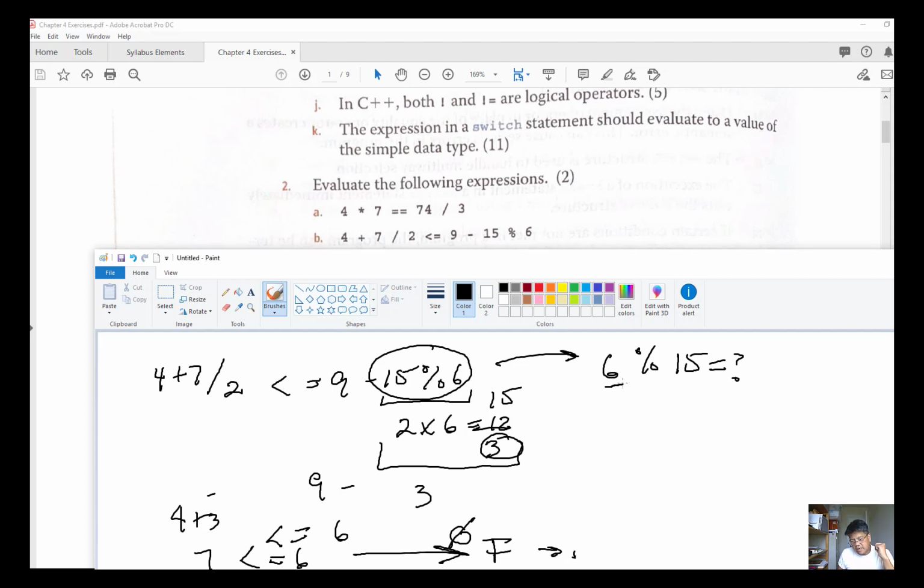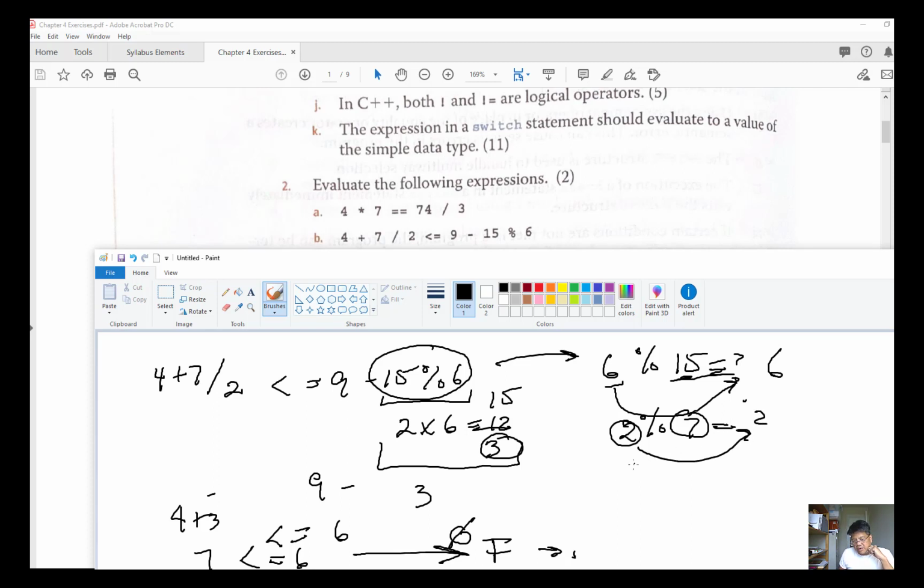If the first digit is smaller than the second digit, you just move that digit over here. So 6 mod 15 is 6. If I asked, what's 2 mod 7? Again, first digit is smaller than second digit, and that would be 2.